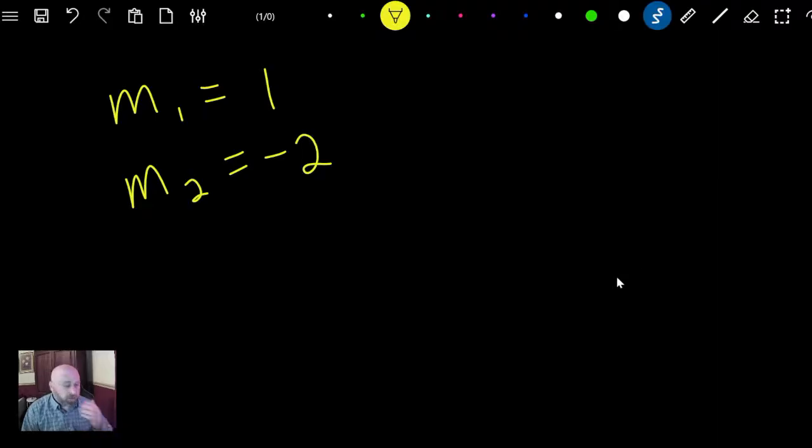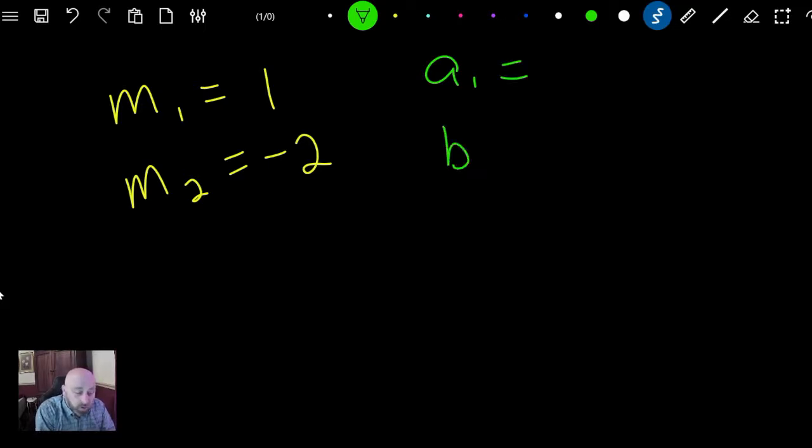So let's come back over here to the computer screen and work through this. What we want to do is ask, what is the alpha 1, or what is the inclination 1? And then the inclination 2, actually, they call it alpha 2. We need to find these two things. If we don't have them, then we can't solve this.